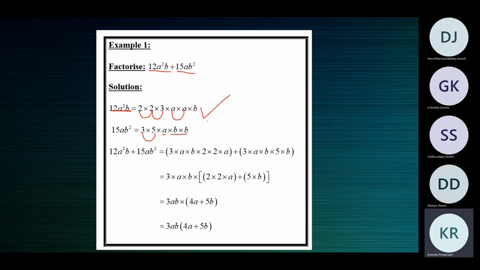Understood these two steps, children? Yes, ma'am. Okay, we've found the factors of 12a square b and 15ab square separately.